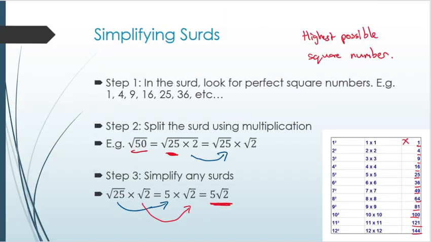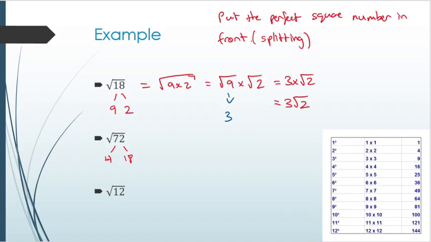We are trying to find the highest possible square number. So let's see if 9 also works for 72. Yes, because 9 times 8 equals 72 as well. The whole point is to find the highest square number combination, and it makes your life a lot easier in the long run.